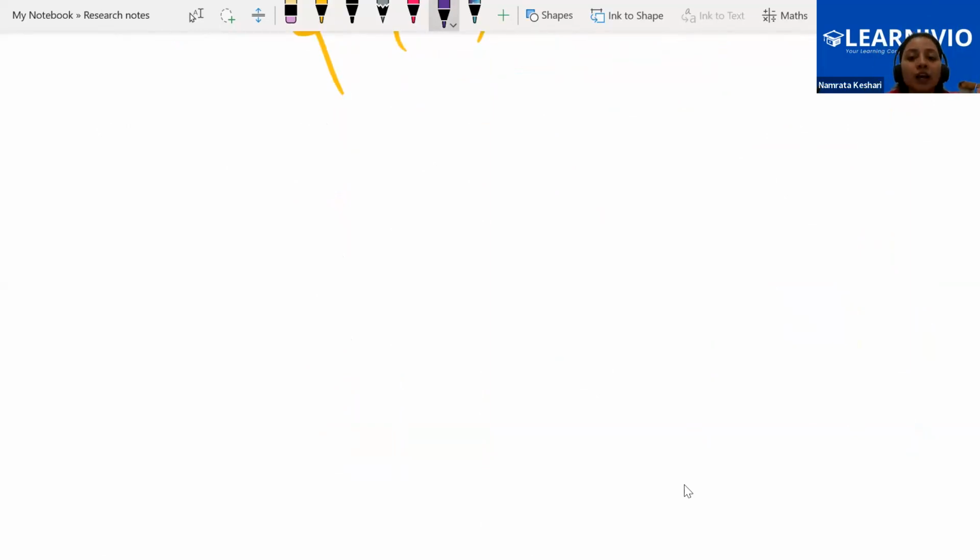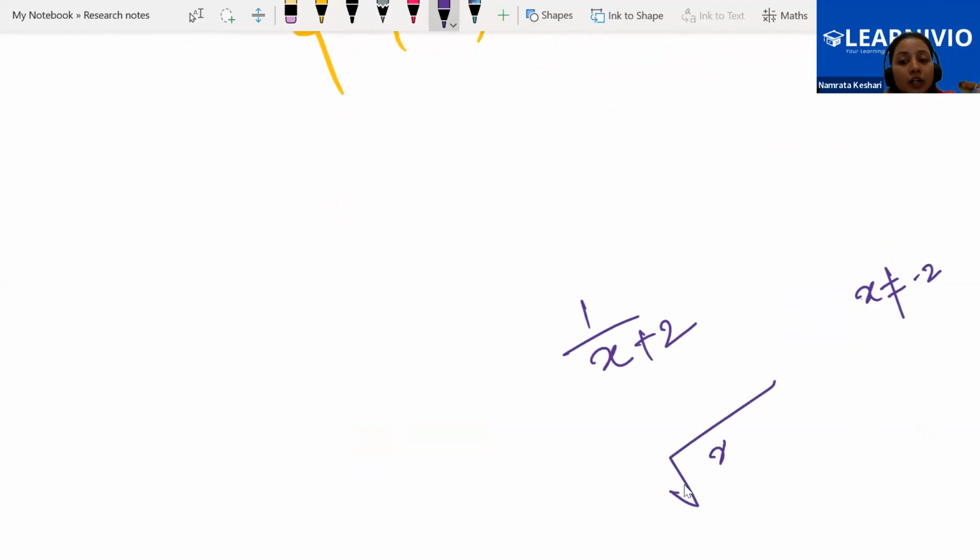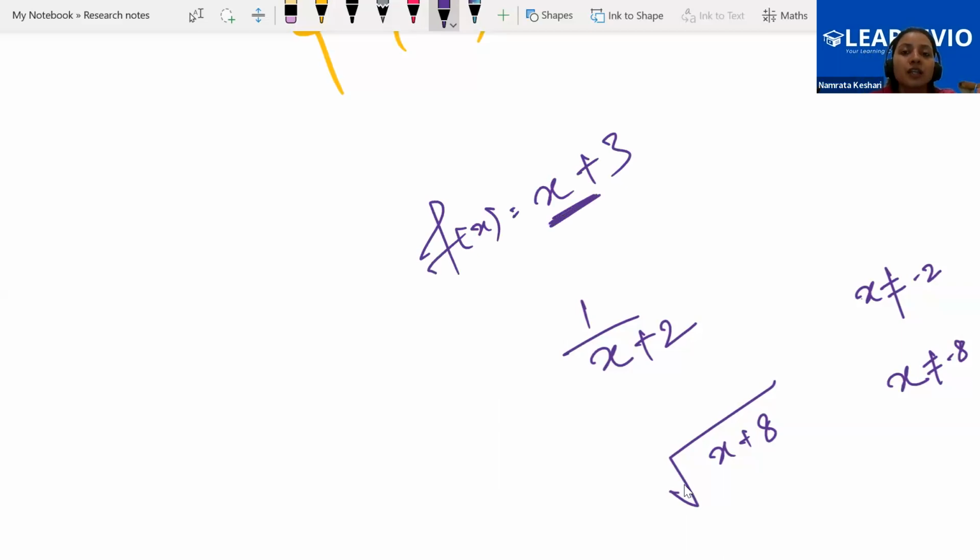If we are having, let's say, 1 by x, then we know x cannot be 0. If we are having 1 by x plus 2, then we know x cannot be -2, because that can make denominator 0. If we are having under root of x plus 8, then we understand x cannot be -8. If we are having f of x is equals to x plus 3, then what is the possible x value?